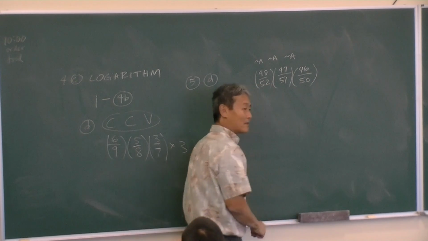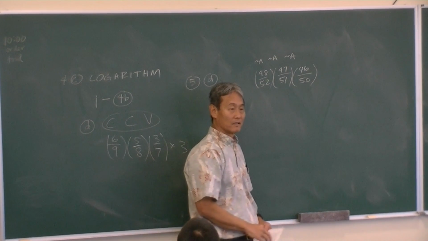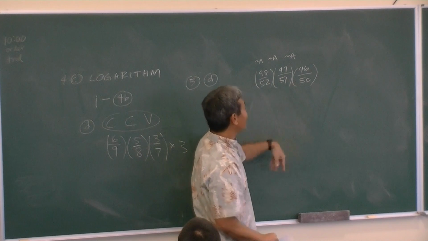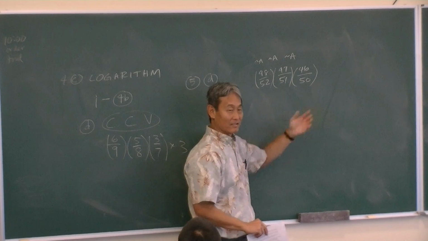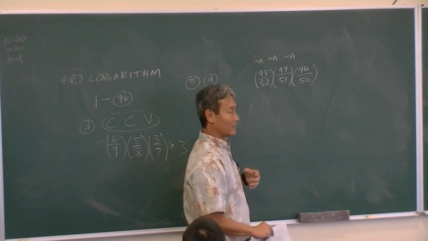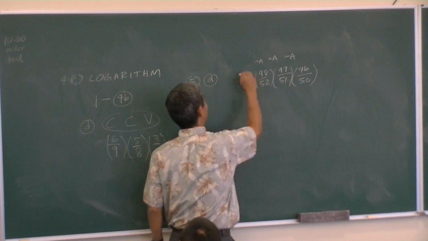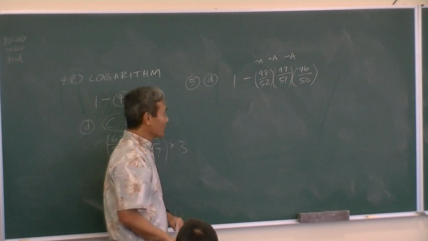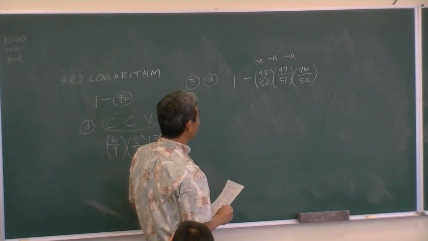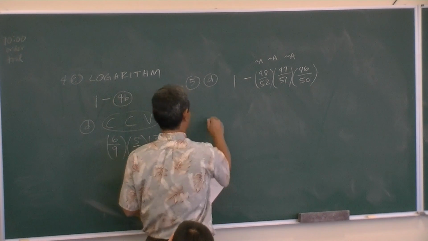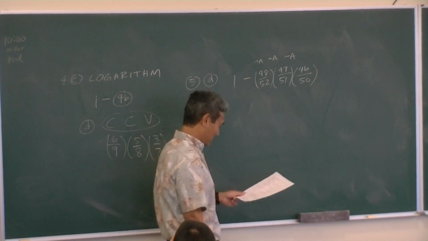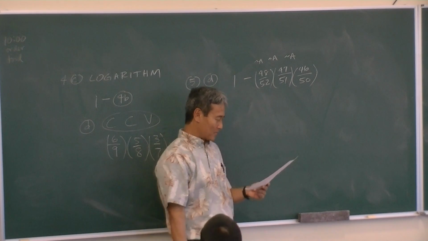Do I need to multiply that by anything? No, because that's the only way you can get not an ace, not an ace, not an ace. How many 3-letter words can you make with that? Just 1, right? And then you subtract it from 1. You do the complements. Now those numbers look kind of ghastly, but I think you guys can handle them. Or maybe not.